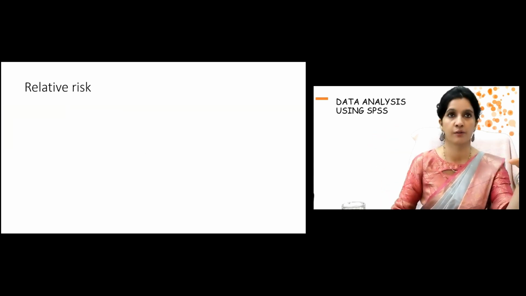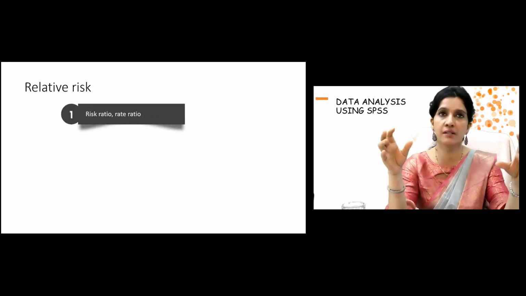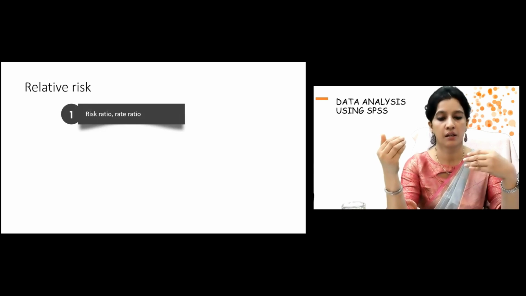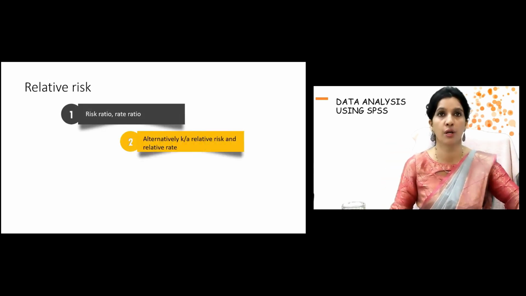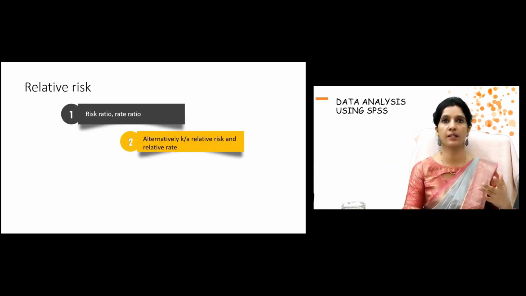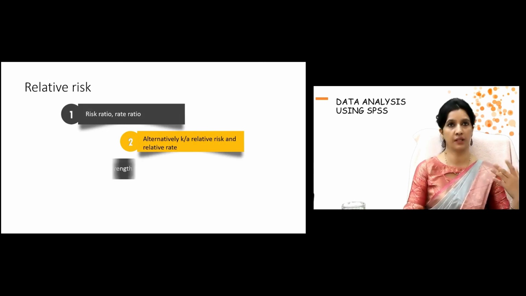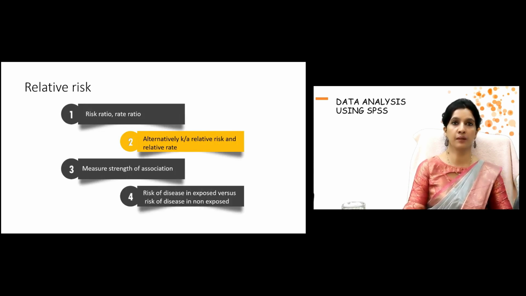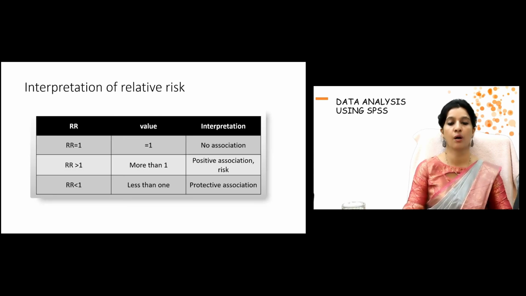Okay. So a few concepts about relative risk: it is also known as the risk ratio or rate ratio, and alternatively we call it relative risk and relative rate. It measures the strength of association between the two variables. Like we know from our undergraduate days, it is the risk of disease in exposed versus the risk of disease in non-exposed.